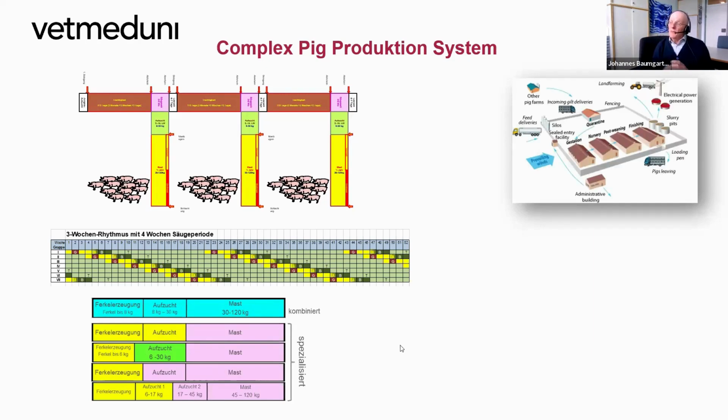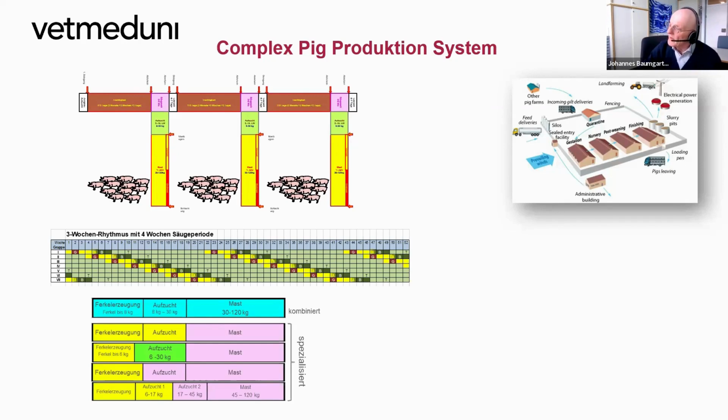Within the farm, it is very important to have a clear concept of how the steps of production are arranged and how hygiene can be ensured. Because you can imagine if you have a fattening farm or a piglet producing farm of 1,000 sows or 10,000 fattening places, then you have to ensure that biosecurity is on a high level, and to make sure that no pathogens are brought into your production unit.